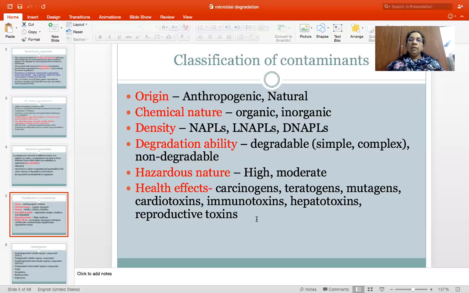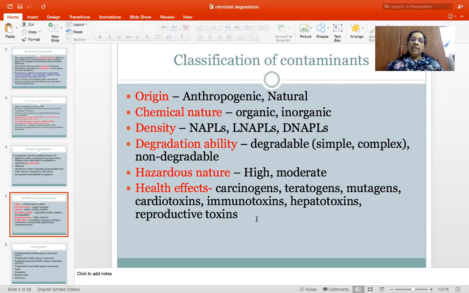Some other classifications of these contaminants are based on the origin. Based on the origin, the contaminants can be classified as anthropogenic and natural, and based on the chemical nature, as organic and inorganic. Based on the density, they can be classified as non-aqueous phase liquids, less dense non-aqueous phase liquids, and dense non-aqueous phase liquids.